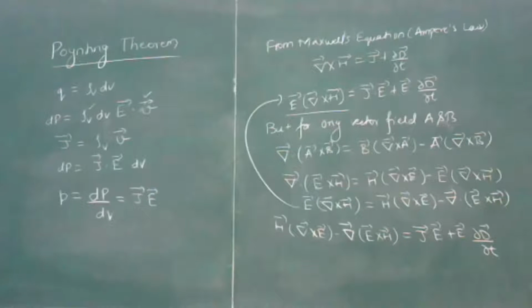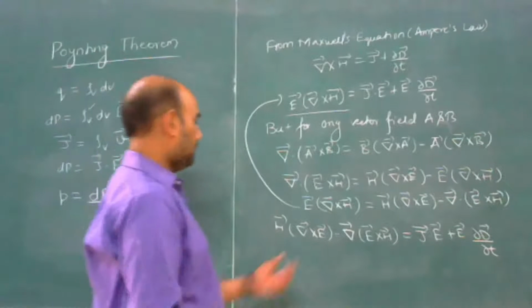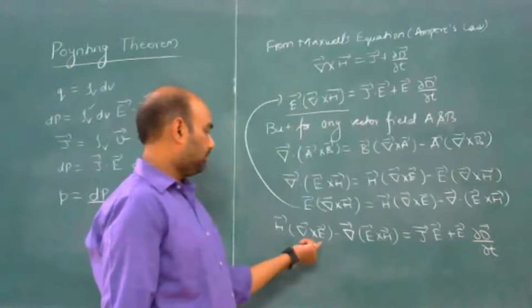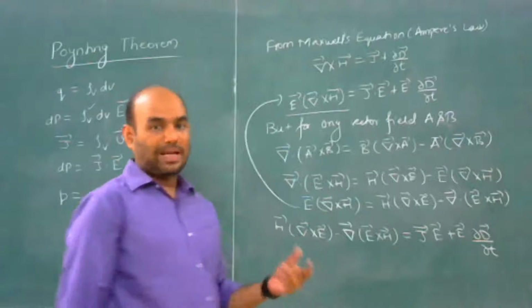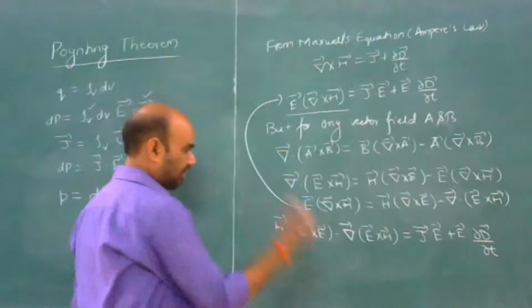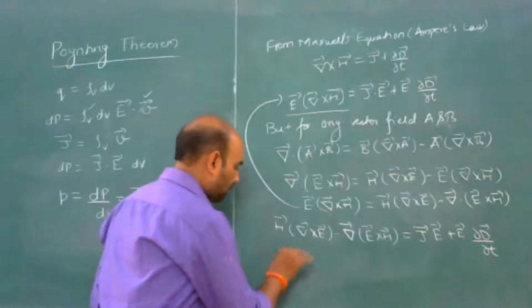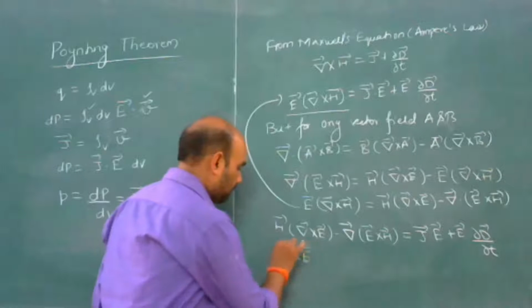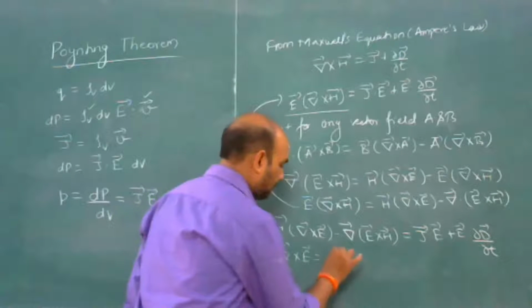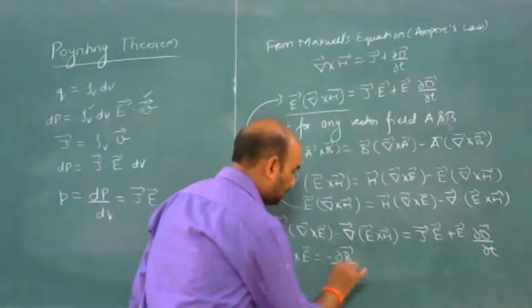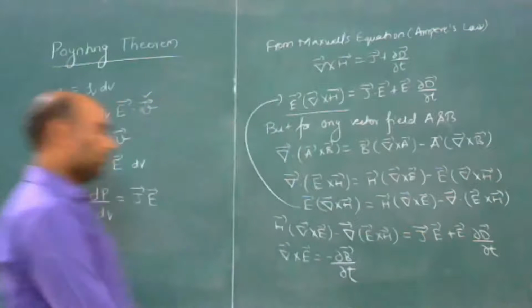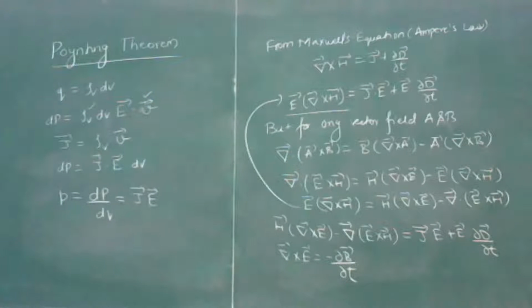Here, this curl of E, by Maxwell's equation derived from Faraday's law, is equal to minus del B by del t for time varying fields.